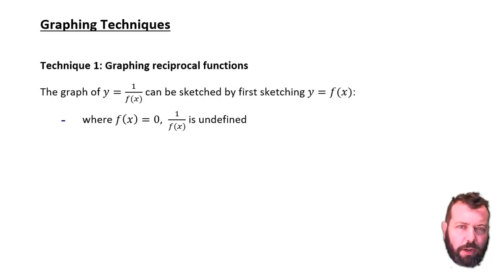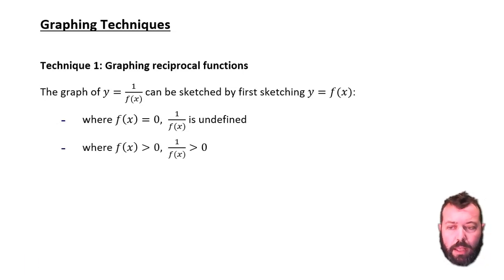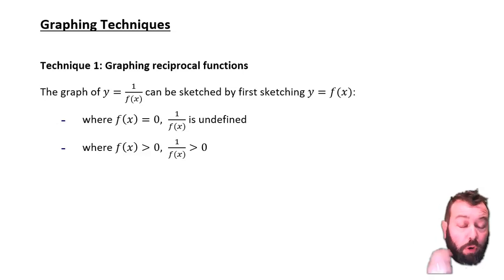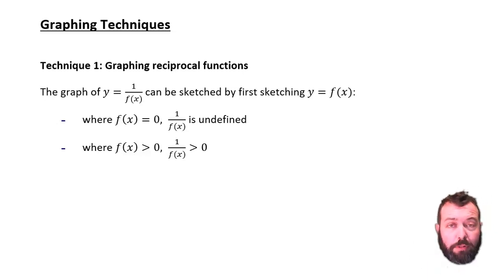If my original function crosses the x-axis, if the function is equal to 0 somewhere, then the reciprocal of that is undefined. So we get a vertical asymptote there. Where my function is positive, my reciprocal is positive.